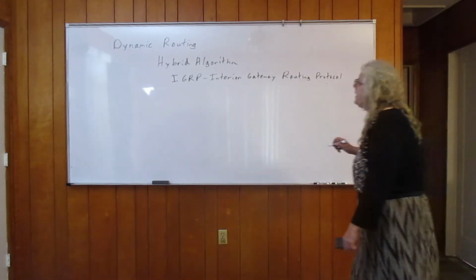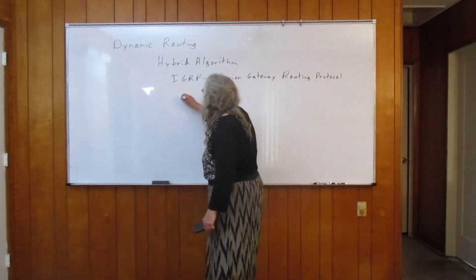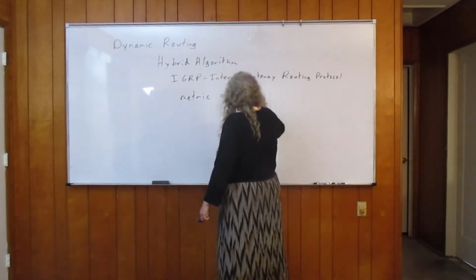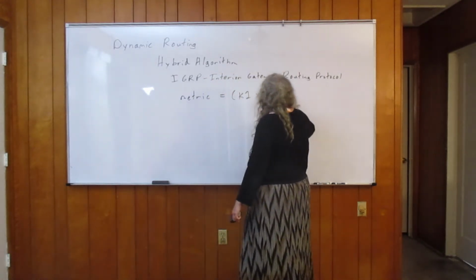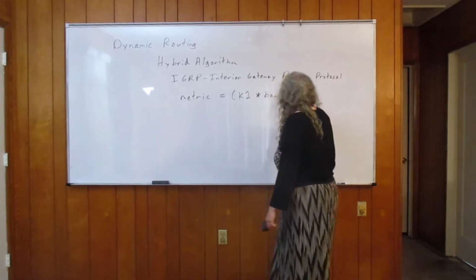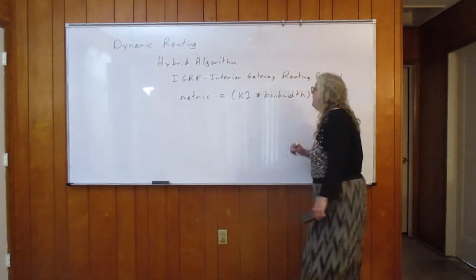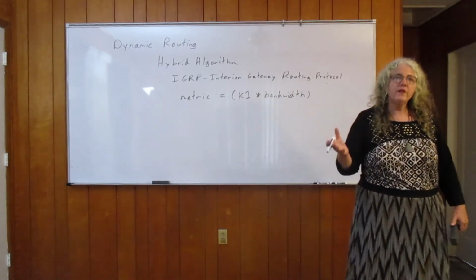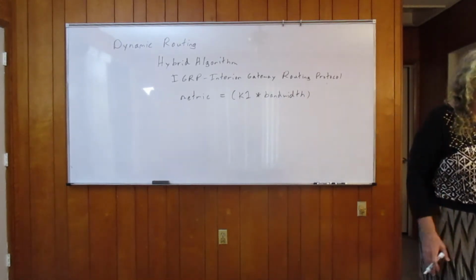So our metric is going to be a number, K1, that we would input times the bandwidth, that's the throughput. So it does partly use a link state algorithm.